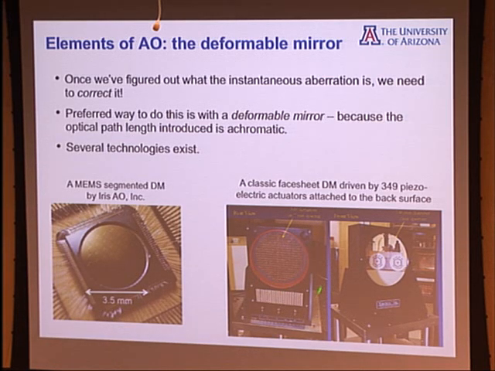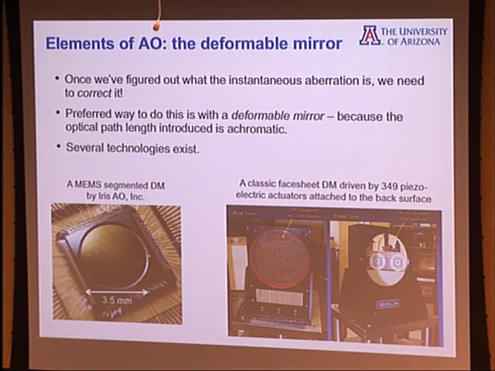Here's another example. This is the kind of technology that's been around for 40 years. This is a mirror that's actually in use at one of the 2 Keck telescopes on Mauna Kea on the big island of Hawaii. And here you see the Keck logo reflected. This is the front surface. This mirror is about 6 inches in diameter. On the back of it are 349 stacked piezo electrodes.